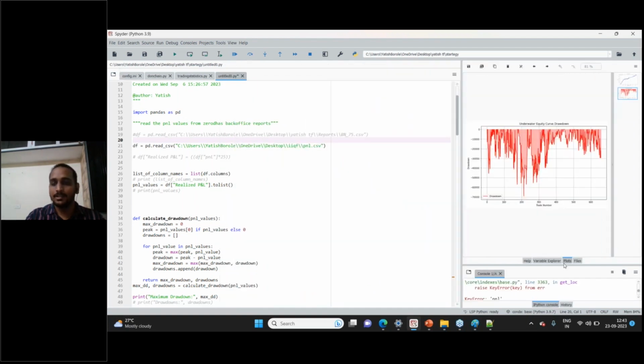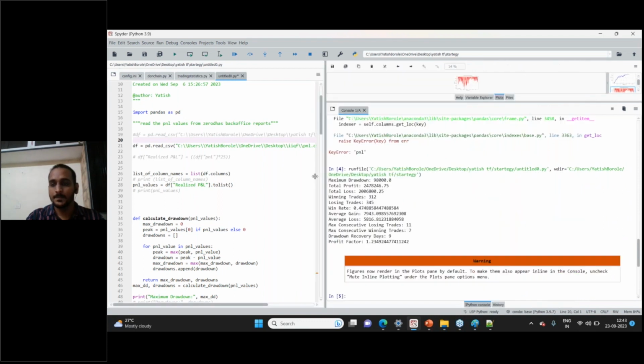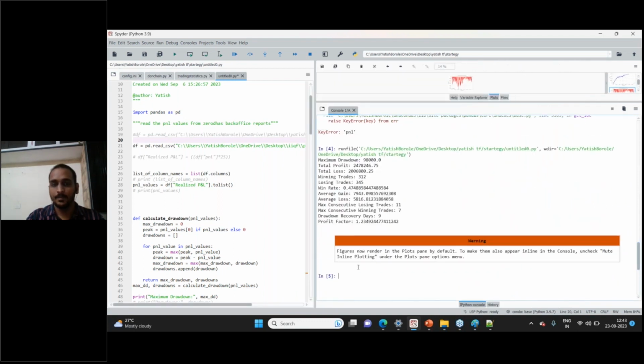Coming to the statistics part now, the most important part. What is the maximum drawdown that has occurred from profits? It is around 98,000, which is pretty much normal.